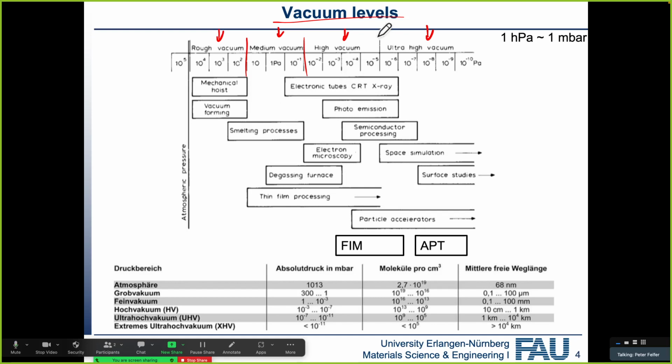Then we have high vacuum, up to around 10 to the minus 7 millibars, or 10 to the minus 5 hectopascals. We can reach that with turbopumps, and without baking the system, without heating up the system, which means we can use rubber and other polymers that can only withstand room temperature.